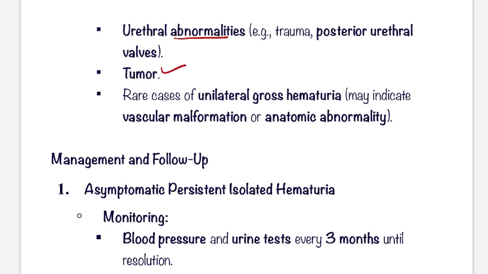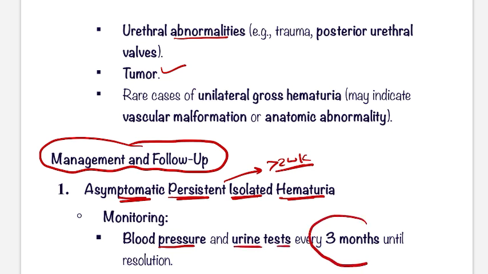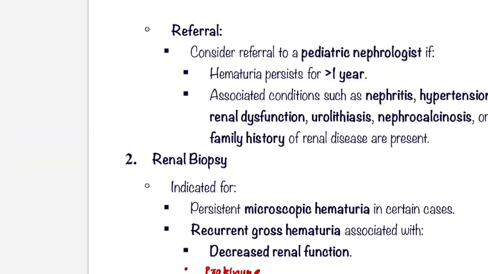So, management and follow-up is very important as per OPD practice of pediatricians. So, if you find a patient with asymptomatic, persistent, isolated hematuria that is more than 2 weeks, it will be coded as persistent. So, you will do blood pressure and urine test every 3 months until resolution. So, this is very important. You have to call that child or patient every 3 months until resolution.